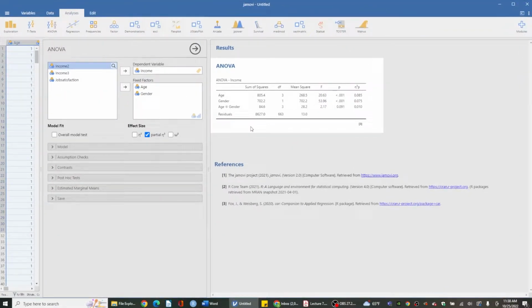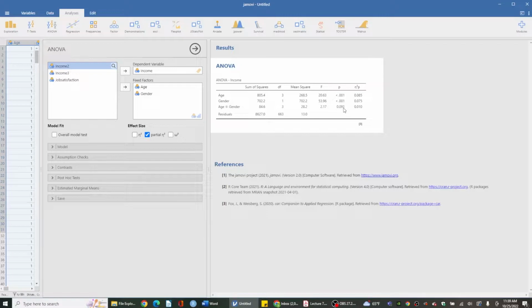But for the sake of simplicity, let's look at this table first so we can interpret this ANOVA. We can see that there was a main effect of age on income as evident by this significant p-value. And then we can see that gender also had a main effect on income, but there wasn't an interaction effect here between age and gender in predicting outcome, as evident by the p-value here.